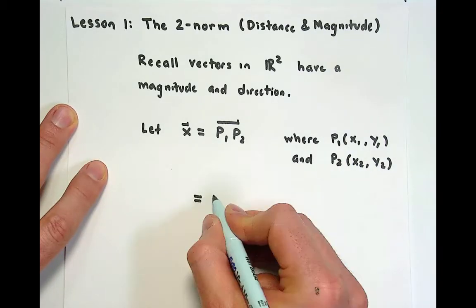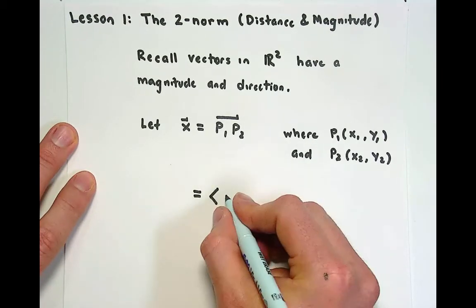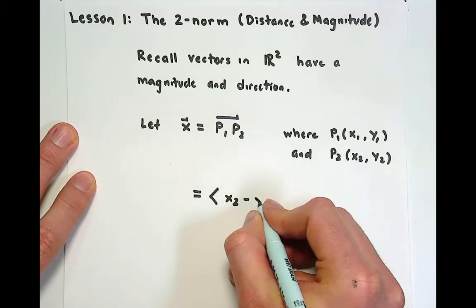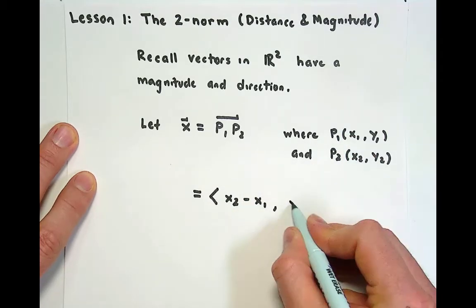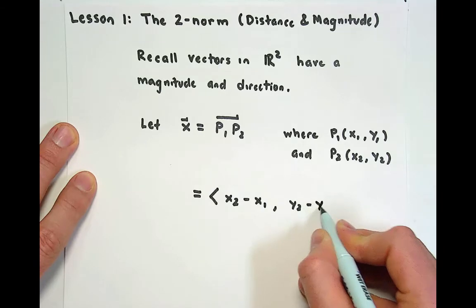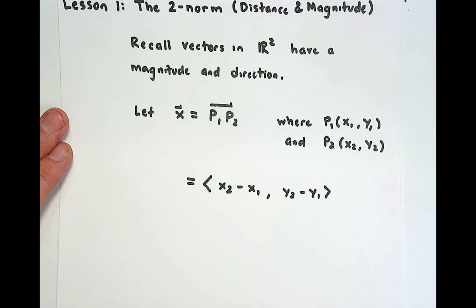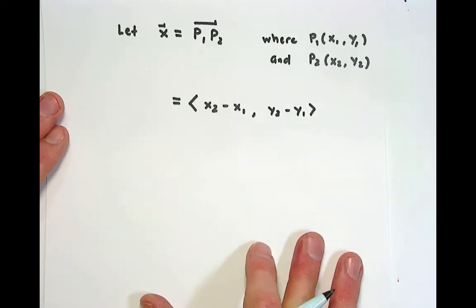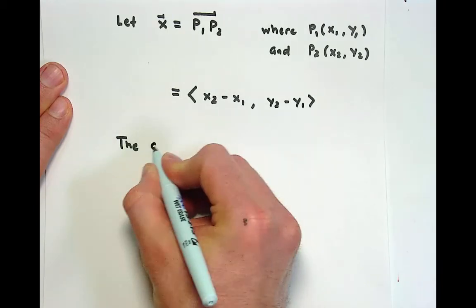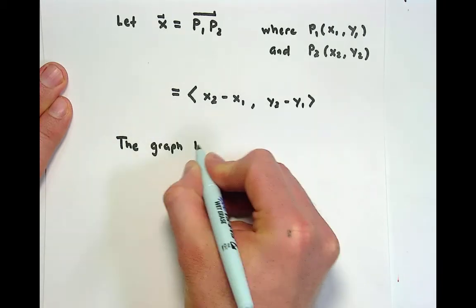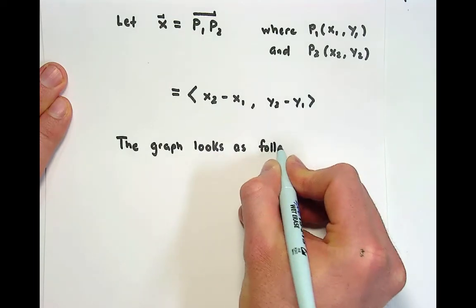We noticed that the vector would be written as 2 components. The first component would be the difference in the coordinates in the first place, and the second component would be the difference of the second coordinates. And we could graph this on the coordinate axis using our intuition.